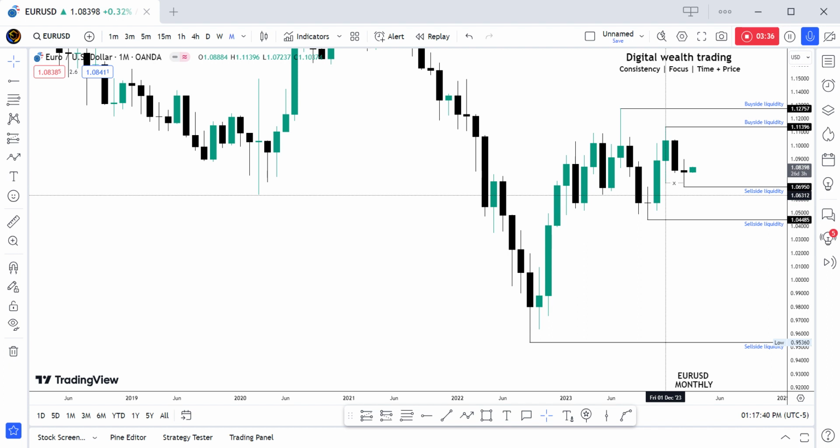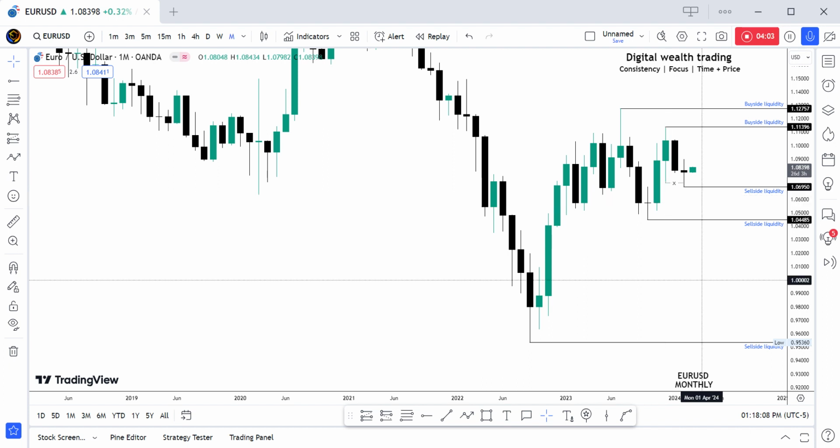So I was anticipating the ICT inversion fair value gap to form a characteristic of bullish support on Euro, which has been respected this month of February, as Euro swept the December 2023 monthly candle low, sell side liquidity, and reversed higher, closing as an indecisive down close candle.